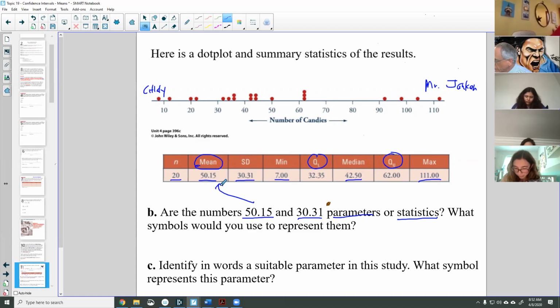Izzy, what symbol do I use to represent the 50.15? I have no idea. Okay, hang in there. You'll find out in a minute. Okay, Isabella, what do we got?